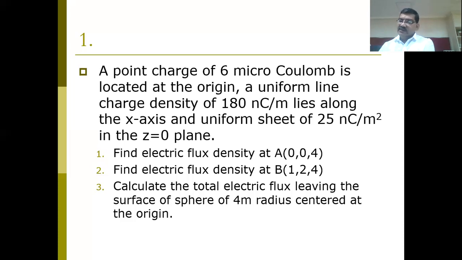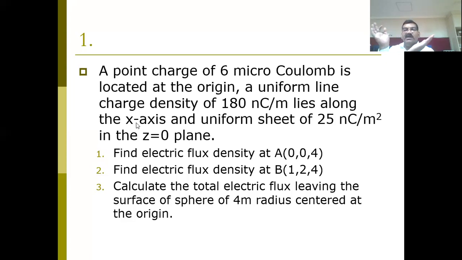Again in a separated manner, quickly. For the point charge, it is 6 microcoulomb plus line charge. How much is the line charge? 180 nanocoulomb per meter. And how much line will be enclosed? 4 meter radius, uniform line charge density along the x-axis.